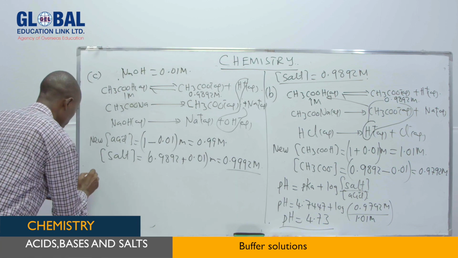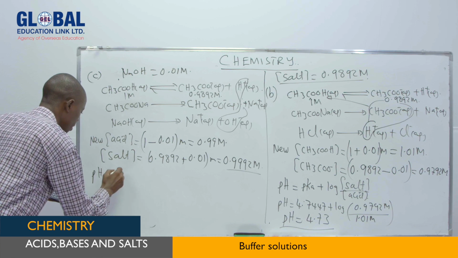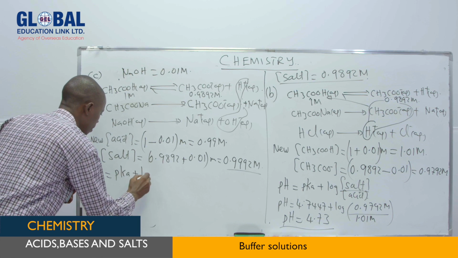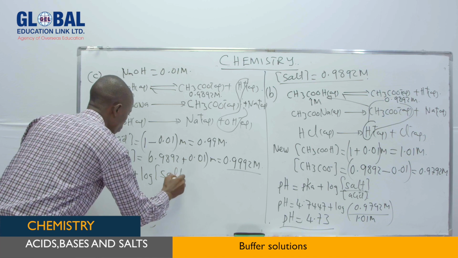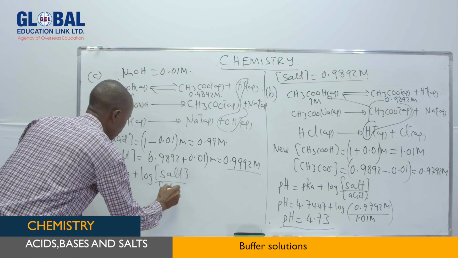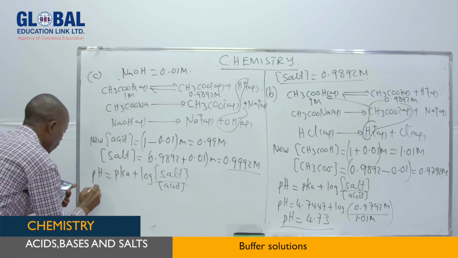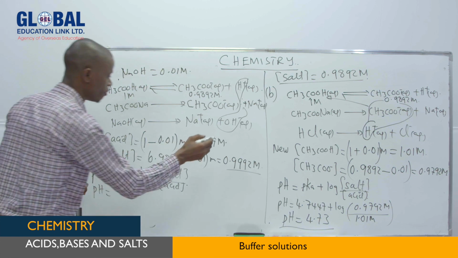So you can use your equation, pH is equal to pKa plus logarithm concentration of the salt over concentration of the acid. The value of pKa we have already obtained.